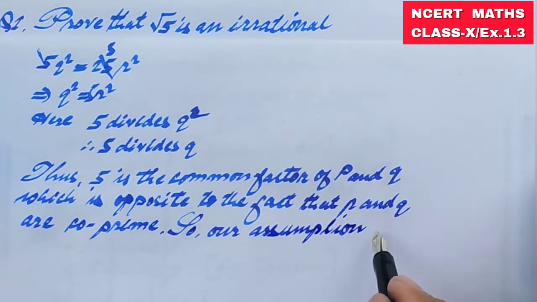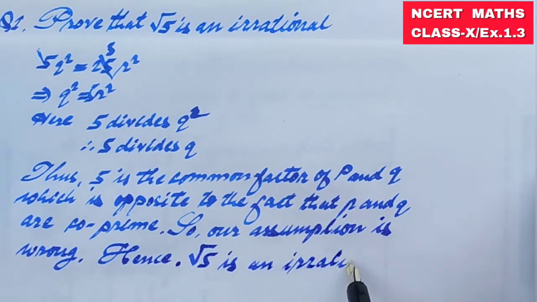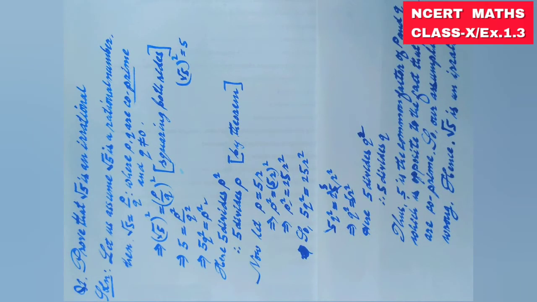So our assumption is wrong, hence root 5 is an irrational number. So our complete solution will look like this. If I put this answer in this format, you will not be able to see, so let me rotate it for more clarity. Have a look.